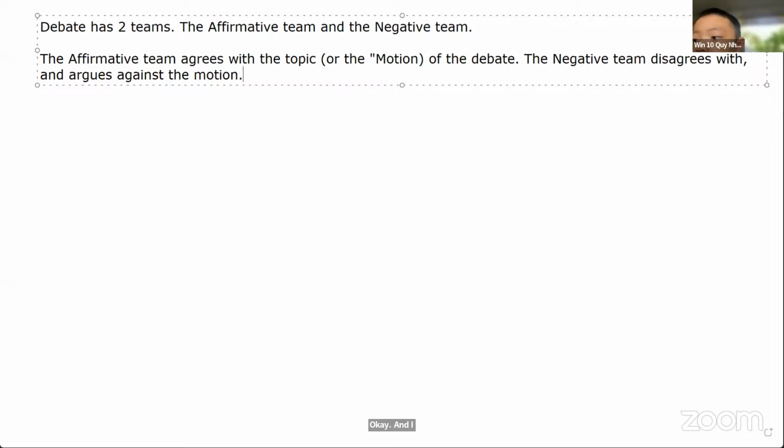Now, the affirmative team agrees with the topic or the motion of the debate, and the negative team disagrees with and argues against the motion.